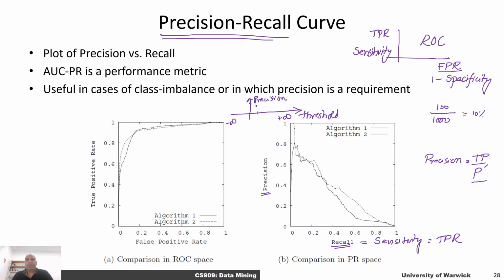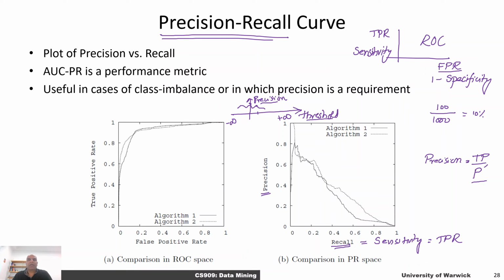But unlike sensitivity and false positive rate, or recall and false positive rate, the precision of a classifier is not a monotonically increasing or monotonically non-decreasing function. It can go up and down depending upon how many positive examples are predicted at a certain value of the threshold, and how many of those predicted positive examples are actually true positives. So it's not a very well-behaved curve, the precision versus threshold curve.